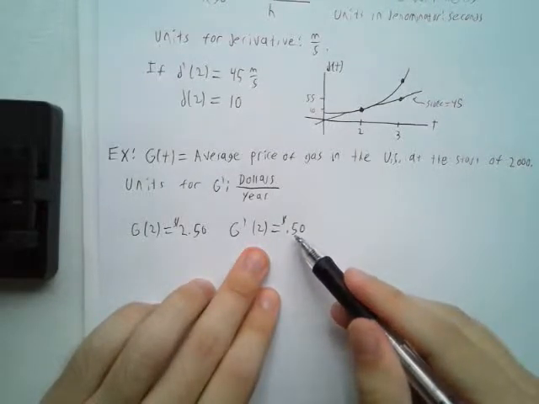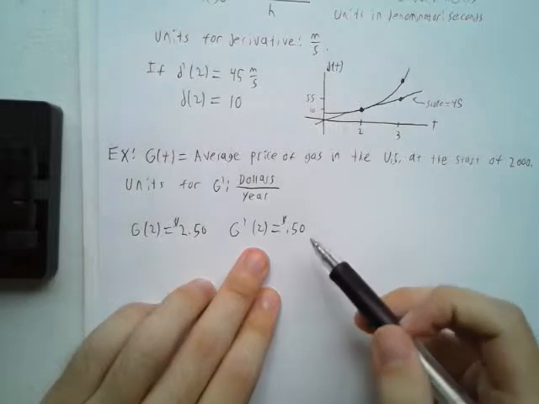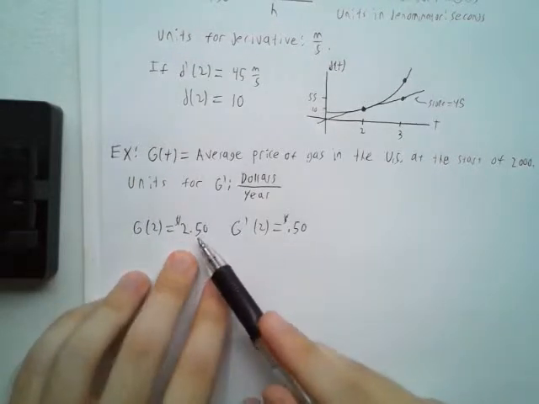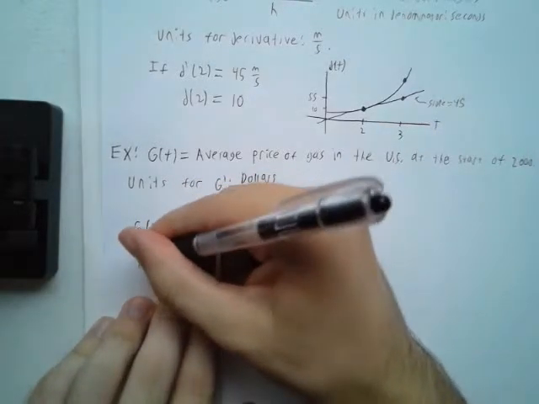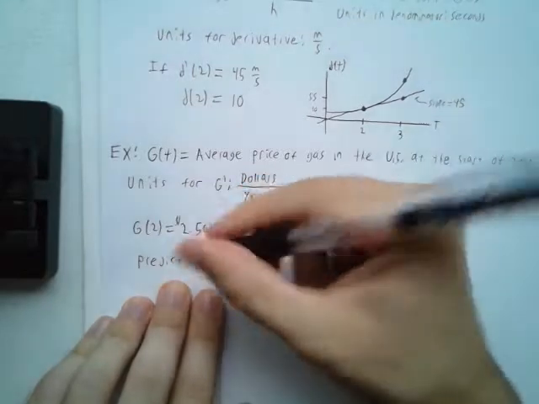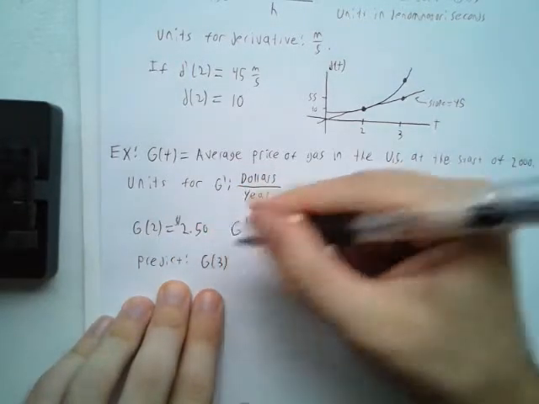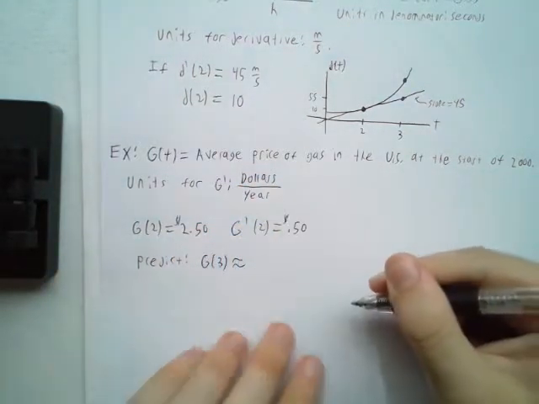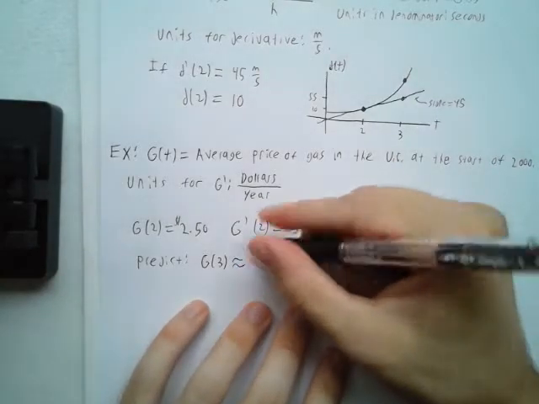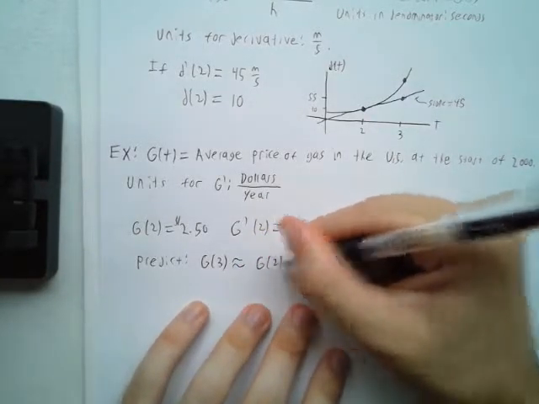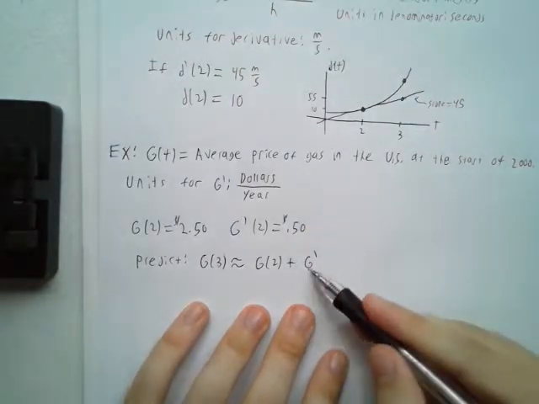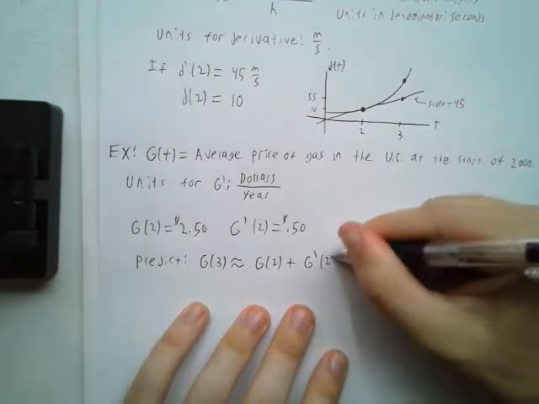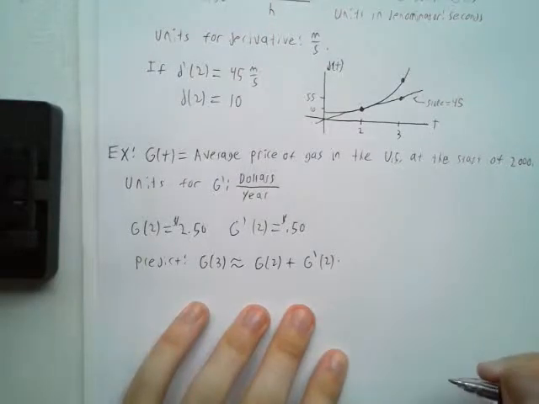And so, based on the value that we were given, g of 2 equals 2.5, we can predict that g of 3 will be approximately equal to the value at the start of year 2 plus the rate at which it was increasing, which was g prime of 2, times the length of time it was increasing for, which was 1 year, so times 1.